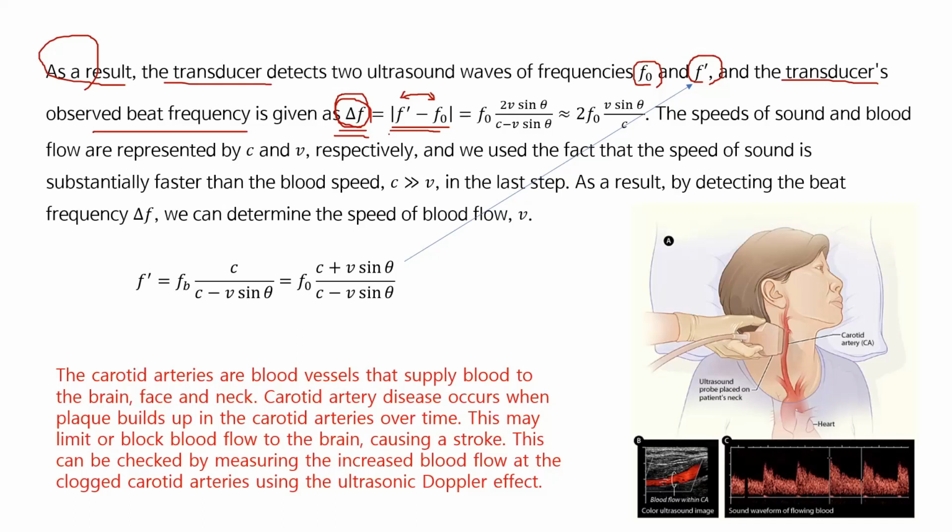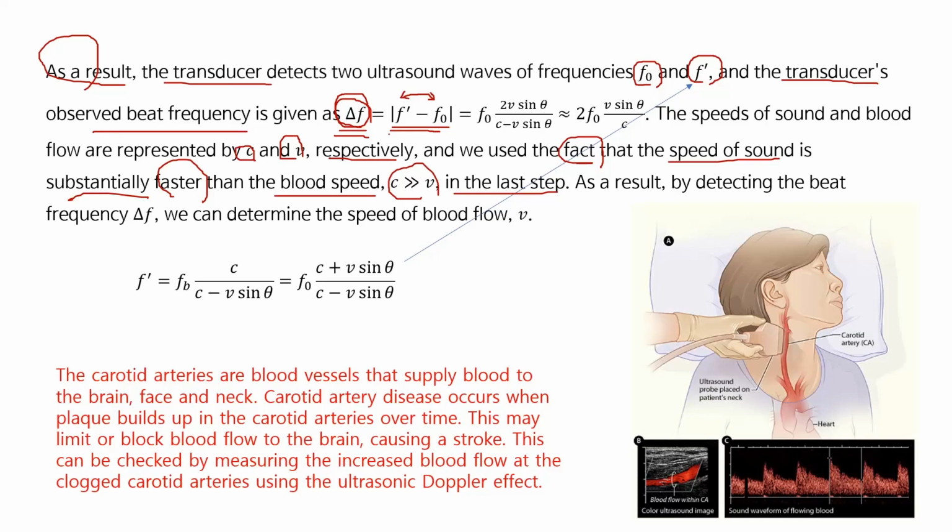Okay. The speeds of sound and the blood flow are represented by C and V, respectively, and we use the fact that the speed of sound is substantially faster than the blood speed. So in the last step here, the speed of sound in the human body is about 1540 meters per second, but blood flow is at most 30 meters per second.